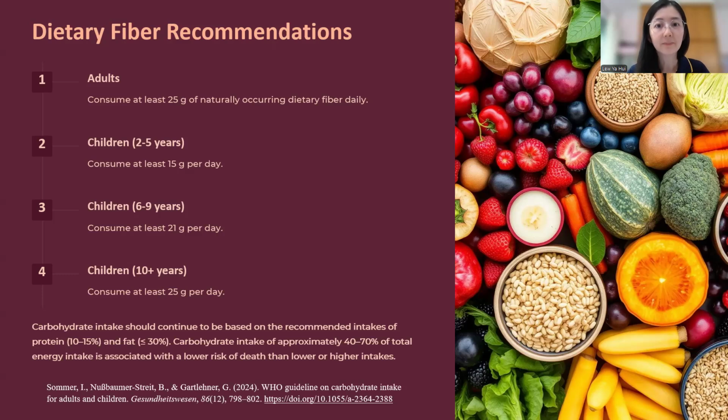For children 2 to 5 years old, at least 15 grams per day, and children 6 to 9 years old, at least 21 grams per day, while those 10 years and older, at least 25 grams per day. So carbohydrates should continue to be based on the recommended intakes of protein at about 10 to 15%, and fats at less than 30%.